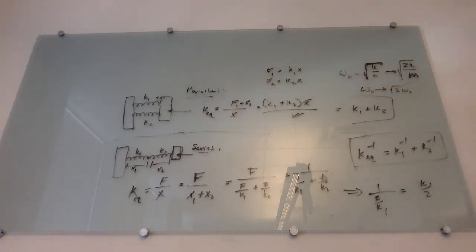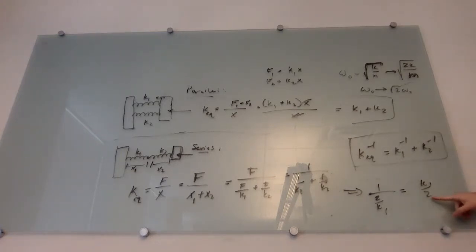So it gets higher. It gets faster, which makes sense because a very stiff spring is going to have to oscillate very quickly, because there's a lot of force on it. If you put the springs in parallel, you're adding more stiffness to the system, and so it's going to want to oscillate more quickly.